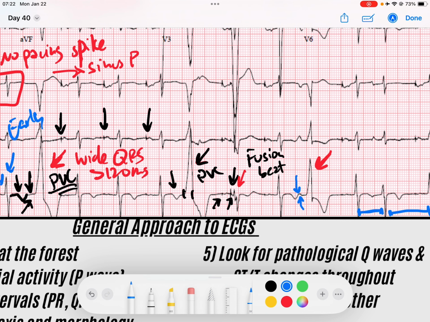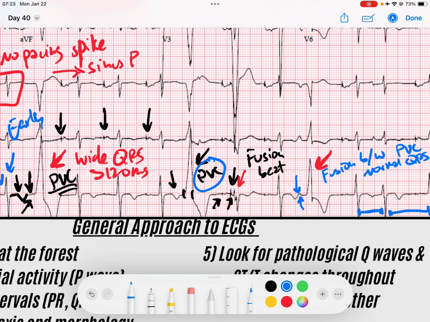And that P wave conducts, and so likely this is a fusion between a PVC, because it looks similar in morphology to our previous PVCs, and a normal QRS. That's why it's a little bit more narrow and a little bit less dramatic.